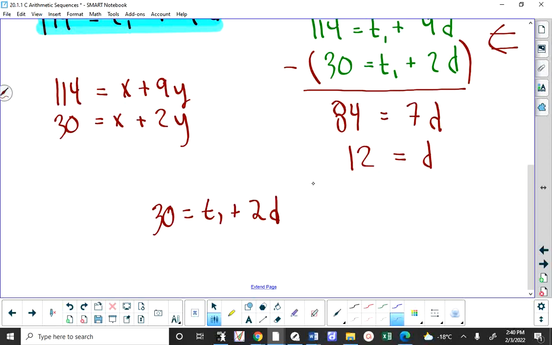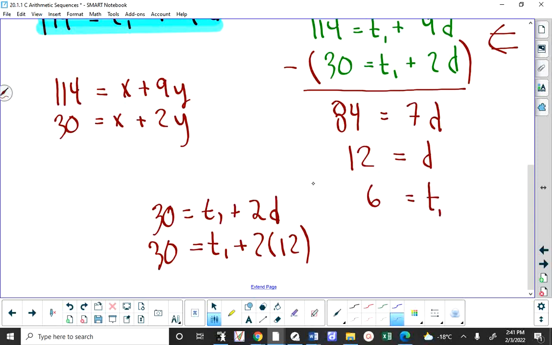So I'm trying to show you an algebraic approach, an equation approach, rather than a blank approach. So we would have 30 equals t1 plus 2 times 12. 2 times 12 is 24, so when you subtract 30 minus 24, you get t1 equals 6.